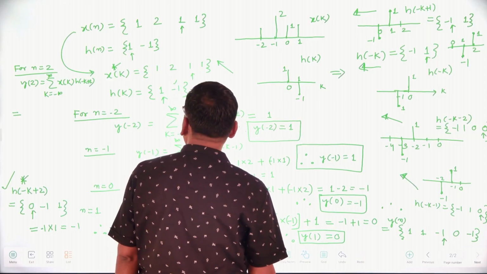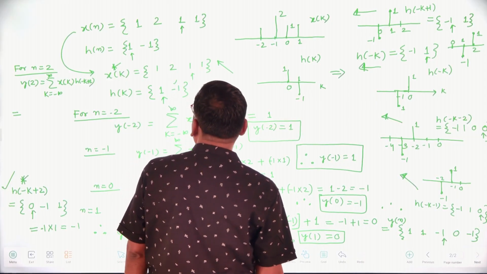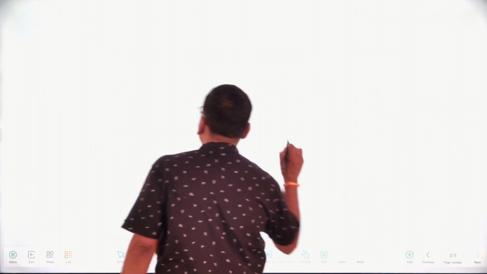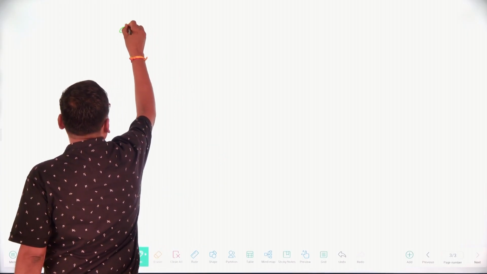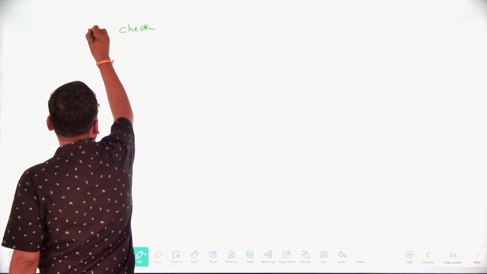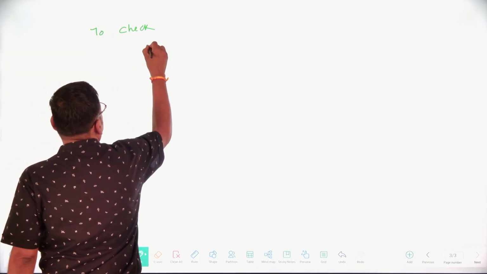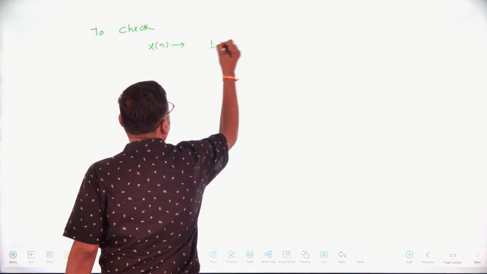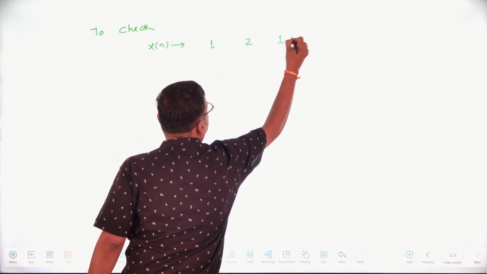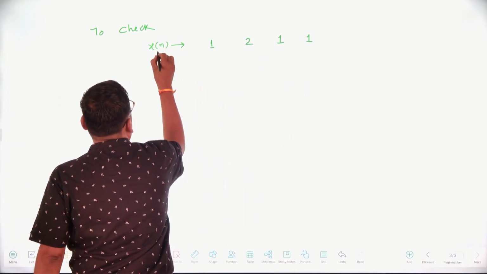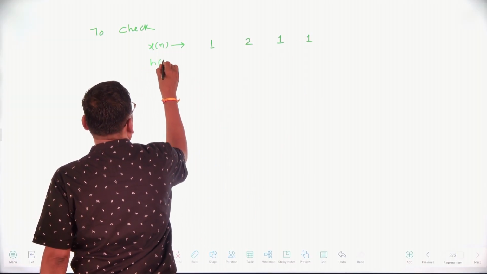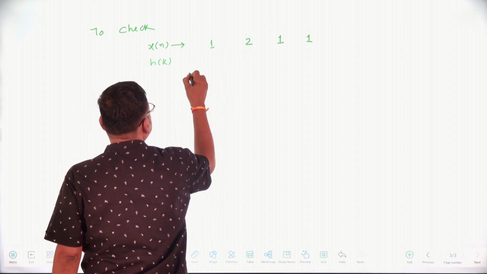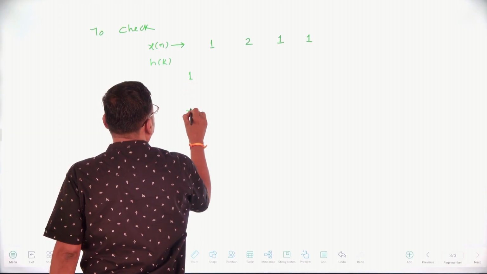If you want to check whether your result is right or wrong, you can check it. To check, your x of n is 1, 2, 1, 1, and h of k, that is your what? 1, minus 1.